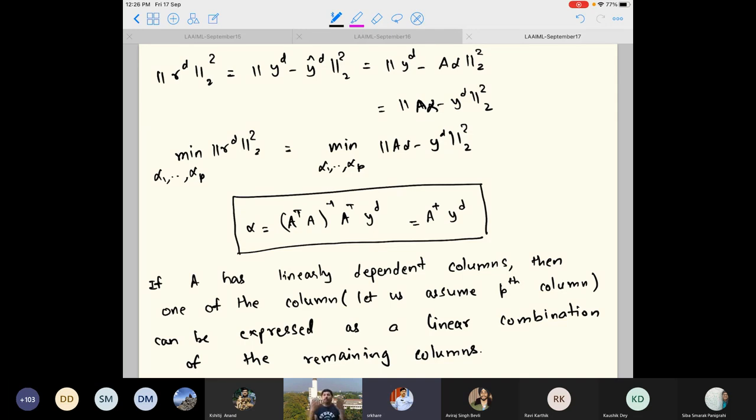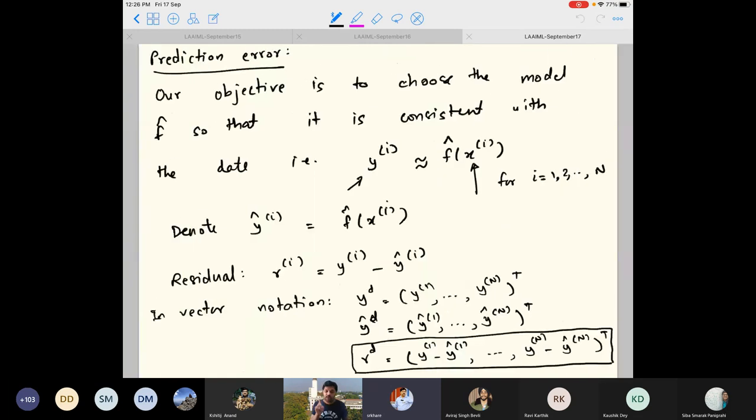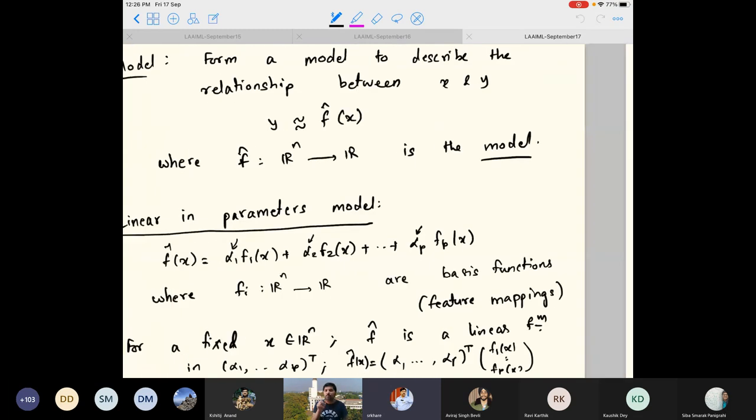Because that is not adding any more information that we would not have obtained from the functions f1, f2 up to fp minus 1. Of course, when I am saying this, I am saying it the information by linear combinations of the functions f1, f2, fp minus 1. Okay, so we are talking in terms of linear combinations, and the reason why we are talking in terms of linear combinations is because our model is linear in parameters.